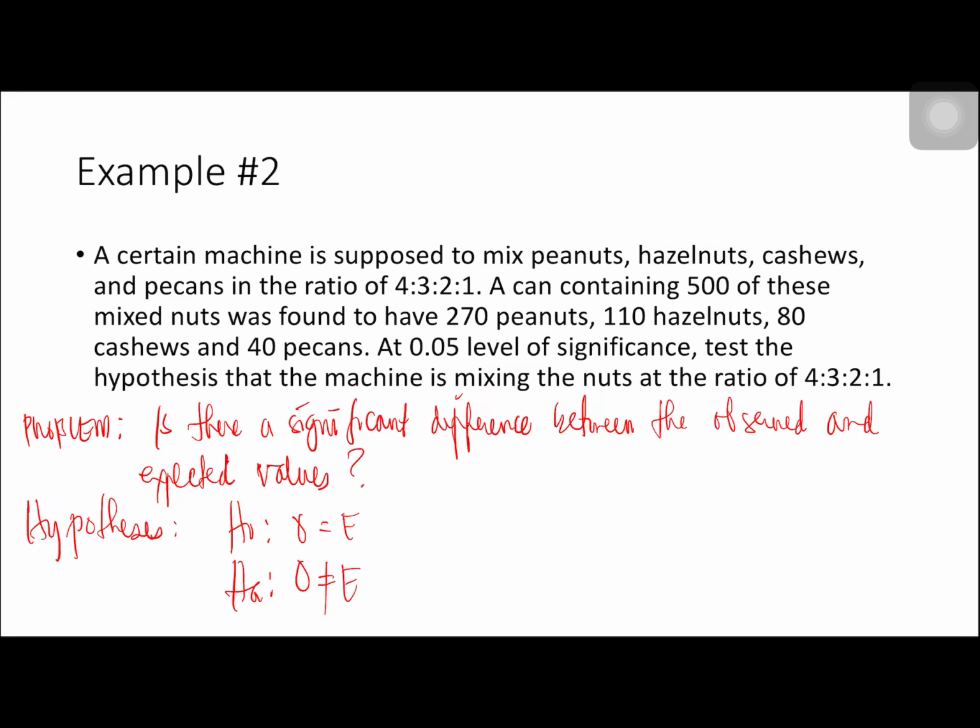Okay? So, next is our level of significance. We will be using, again, alpha at 0.05. Okay?